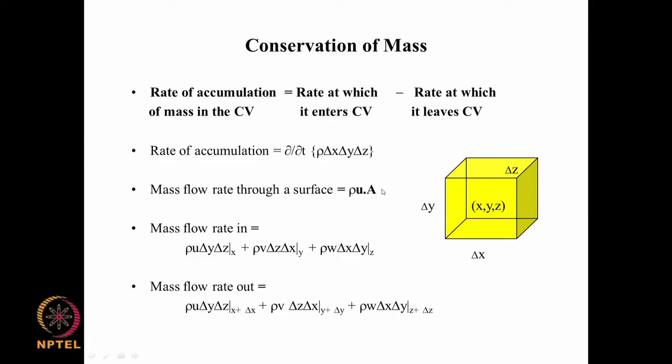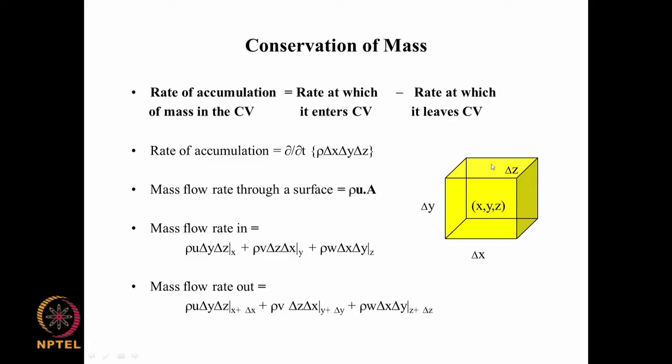That means that the outward normal vectors for each of these faces are aligned in either the x direction, y direction or z direction. So we need to multiply only by the corresponding velocity component in order to get this.